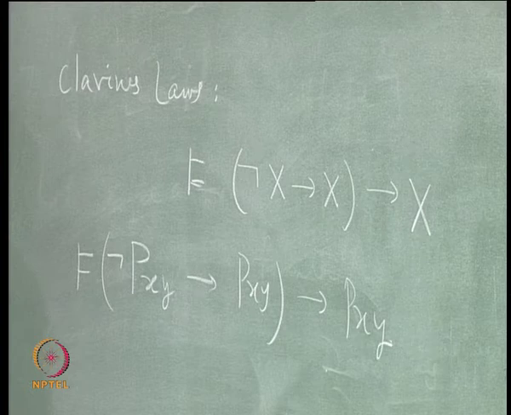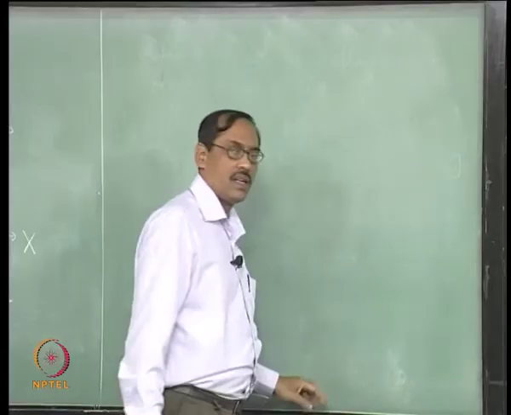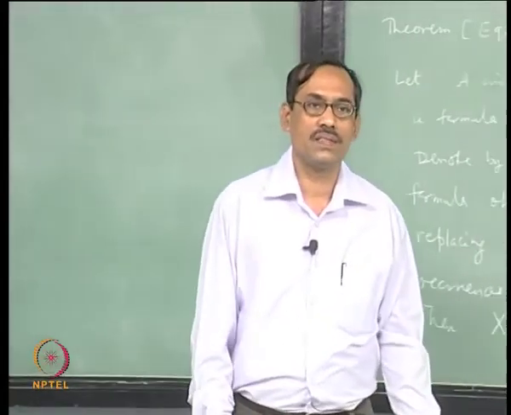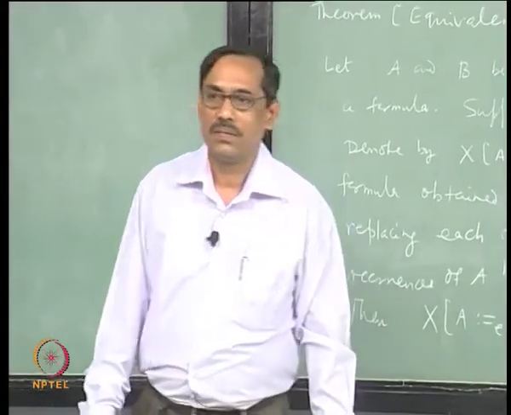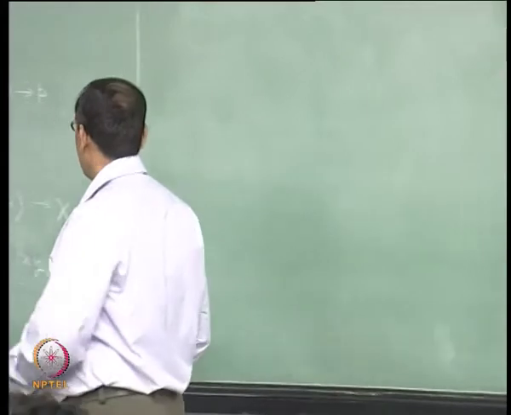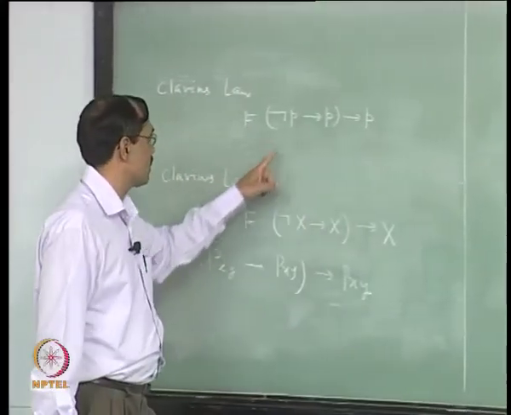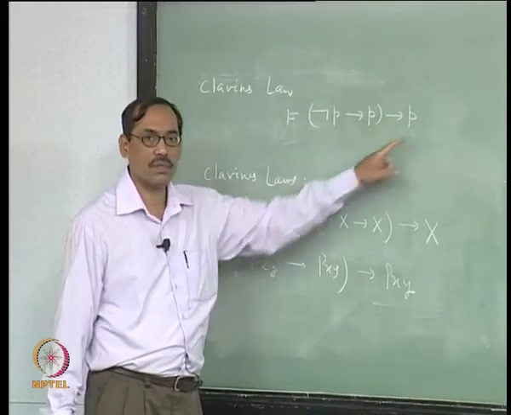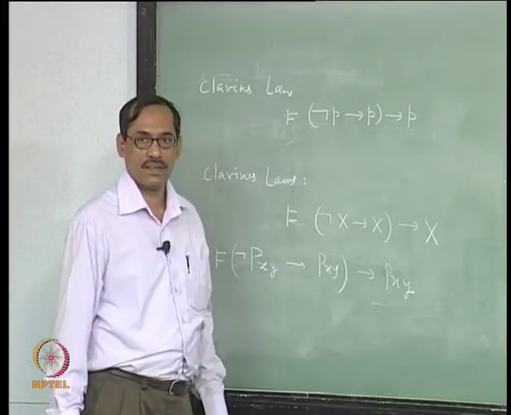So now you can translate or rewrite all those laws from PL to FL, whatever you did, we are not going to write them again. Now there are three theorems in propositional logic, we want to see whether those things still hold or not. For example, your deduction theorem, if you apply the deduction theorem here in propositional logic, it will look like not P implies P, therefore P, right.